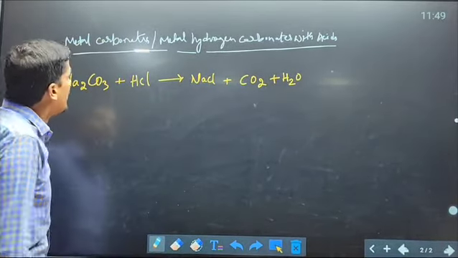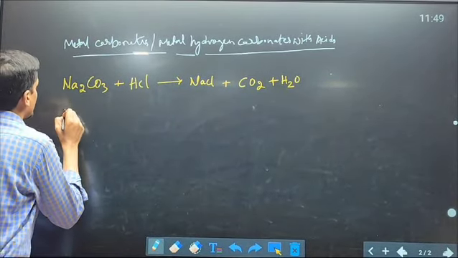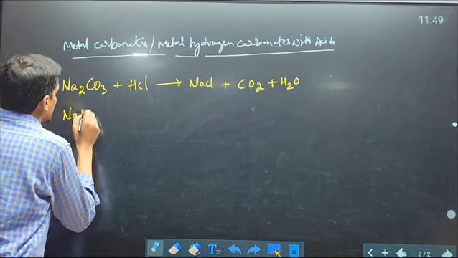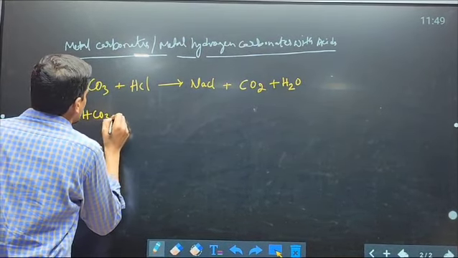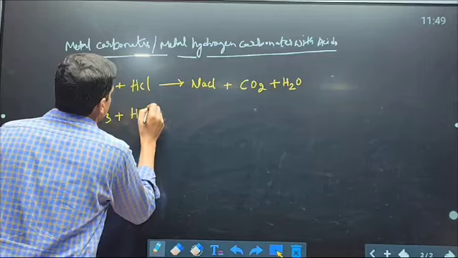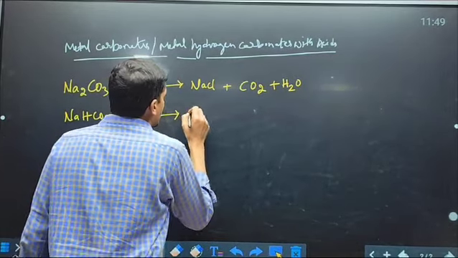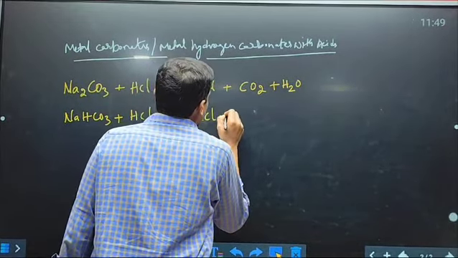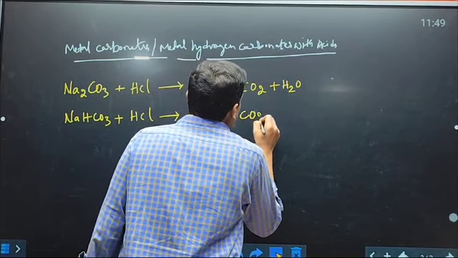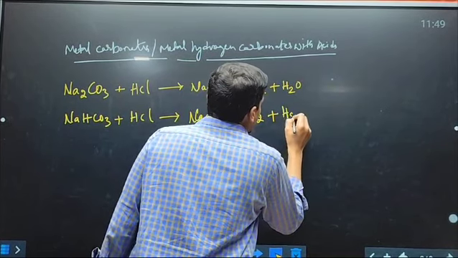And metal hydrogen carbonates: NaHCO3 plus HCl gives NaCl plus CO2 plus H2O.